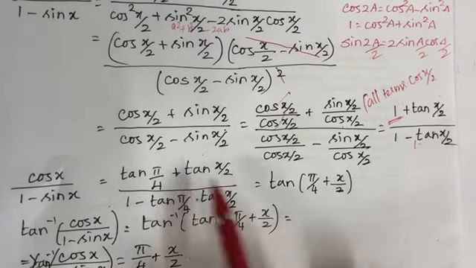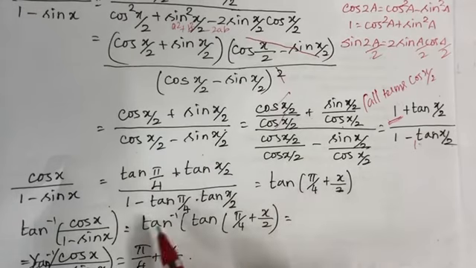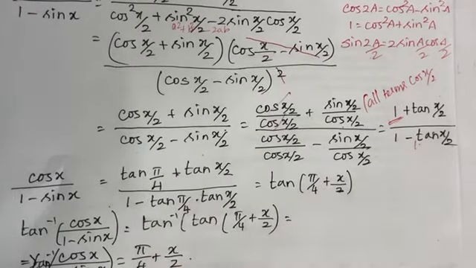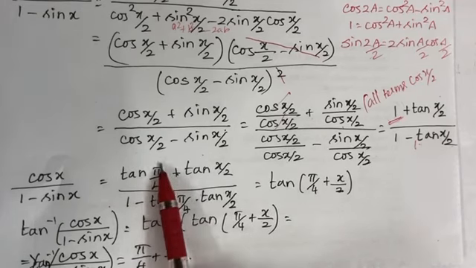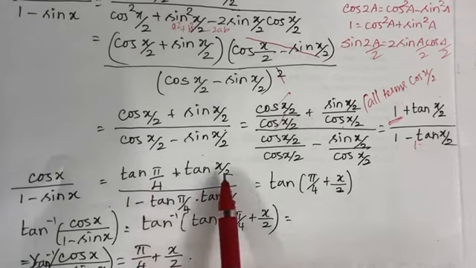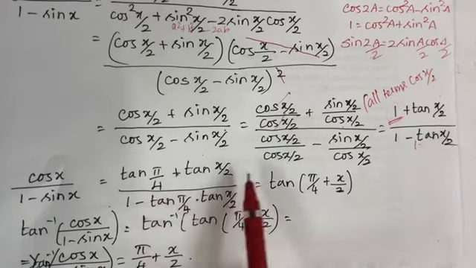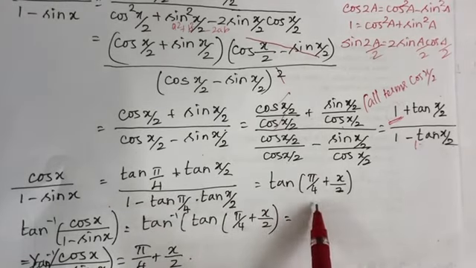Only then can we write it like this. For that, I am multiplying this by tan pi by 4. So, tan a plus tan b divided by 1 minus tan a tan b. What is our tan a? a is pi by 4 and b is x by 2. So, tan of pi by 4 plus x by 2. Okay.